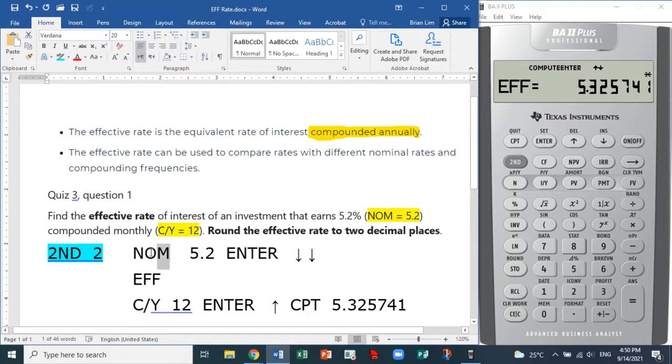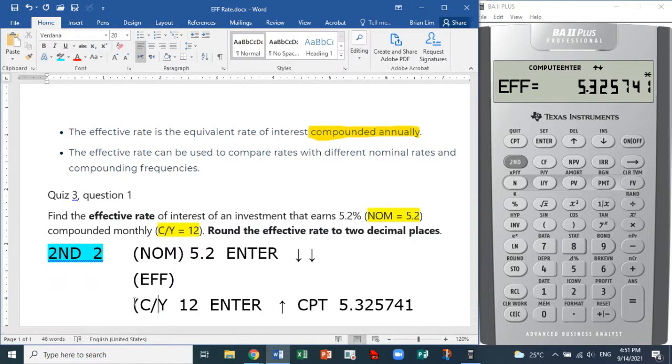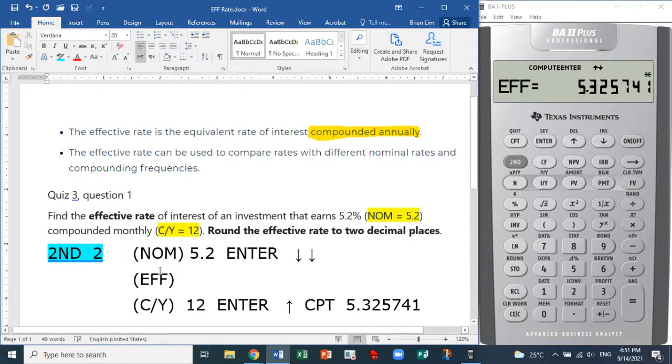First you see these 3 items right here, NOM, EFF, and CY. But when we go in, we don't actually type those. So maybe we should put these in parentheses, so you know that you don't enter these, but they are there as the designated values, and the rest is what you enter.